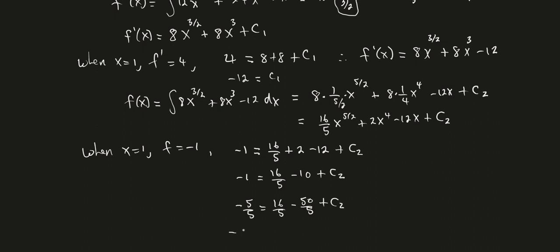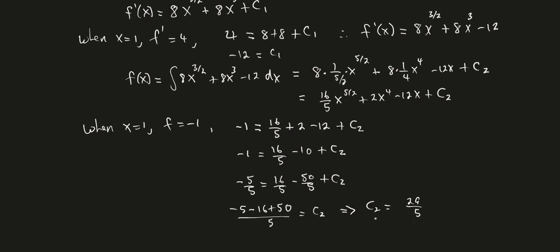So what do we have? Negative 5 minus 16 plus 50 all over 5, that's equal to c2. So this implies that c2 is, what's this, 29, because this is negative 21 plus 50, so this is 29 over 5.